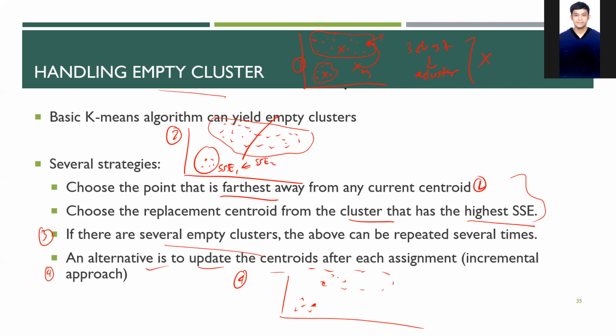For example, the data is like this, and maybe this is one, this is one, this is one. After several iterations, for example, this belongs to one cluster, this belongs to one cluster, and this belongs to one cluster.